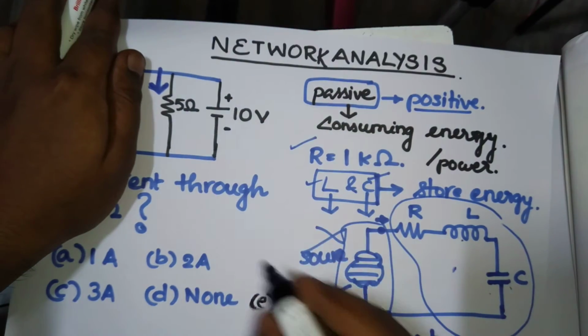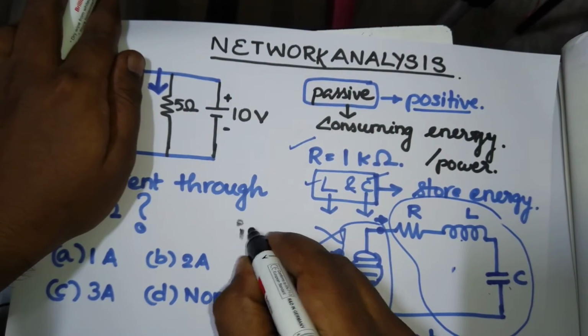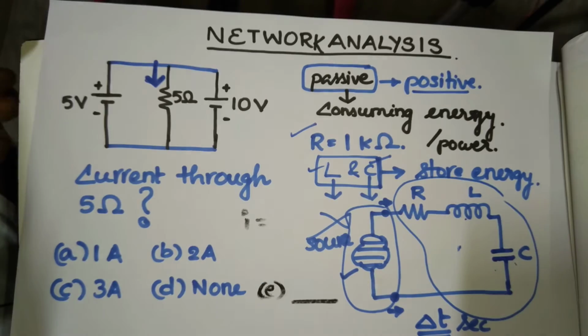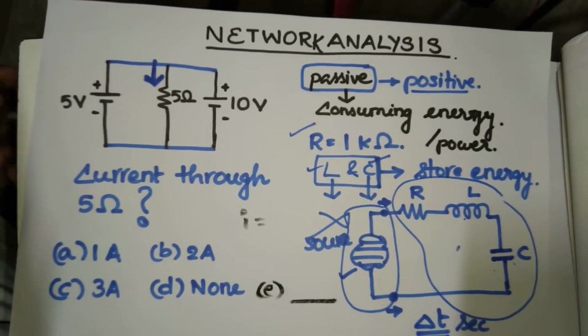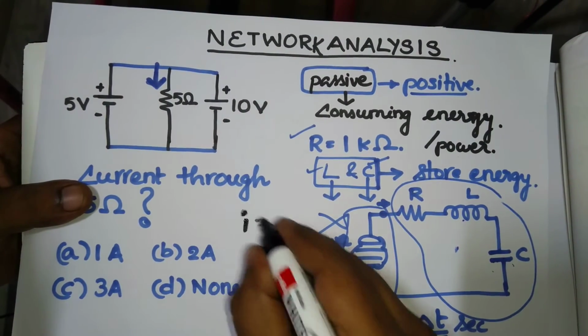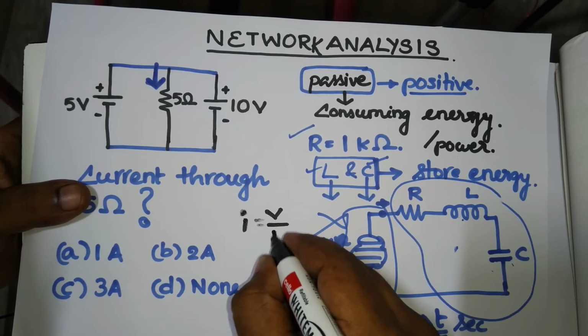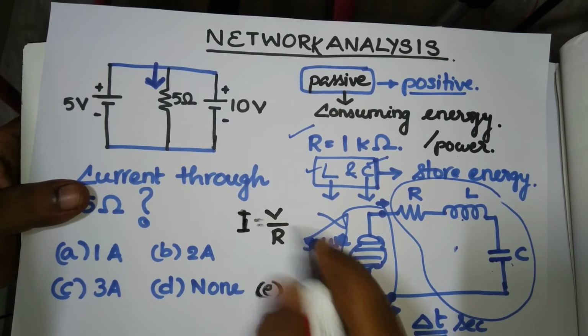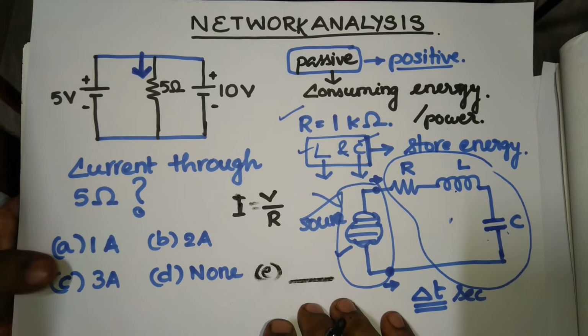10 by 5, because I is equal to V over R. That is one of the forms of Ohm's law.